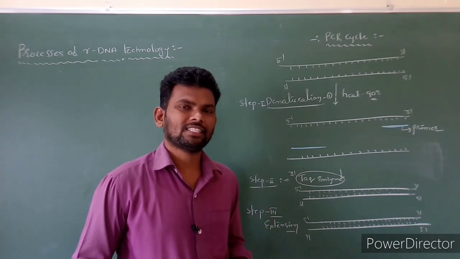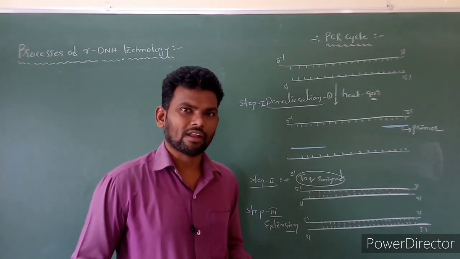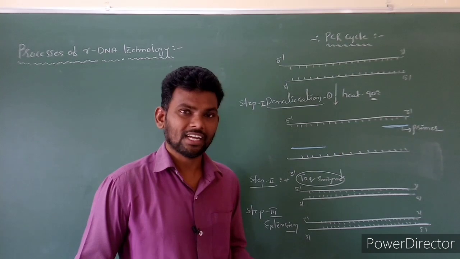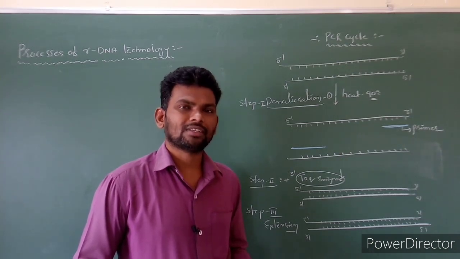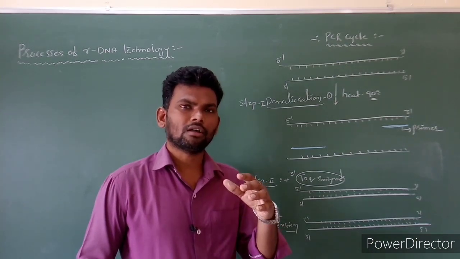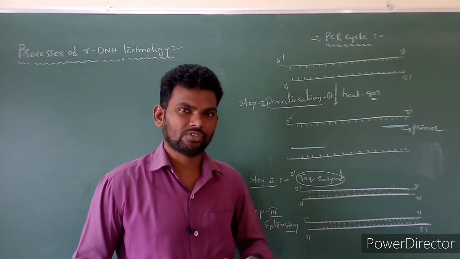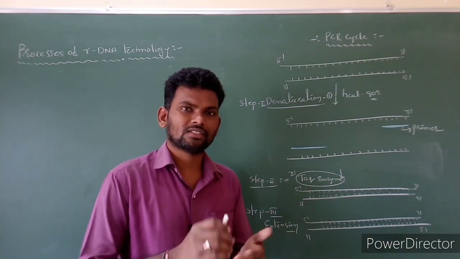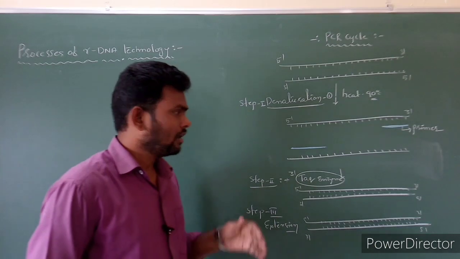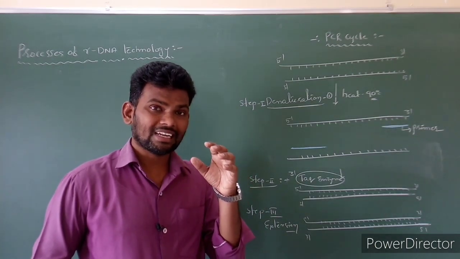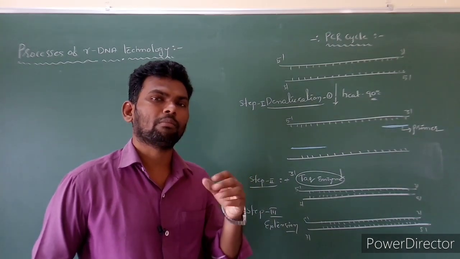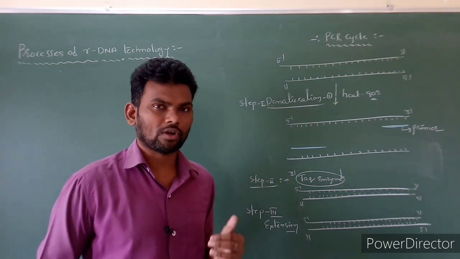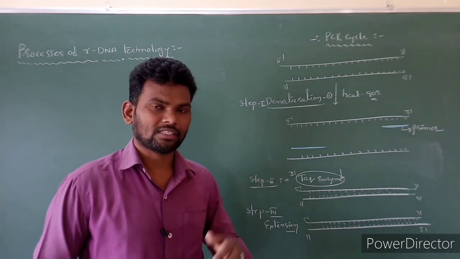Next one is the PCR cycle. PCR, polymerase chain reaction. By using the PCR technique, we can prepare multiple copies of the desired gene. Simple, it works like, as I said, a Xerox machine. Here we multiply the DNA information, meaning the desired gene character, many times within a short time using a laboratory technique.